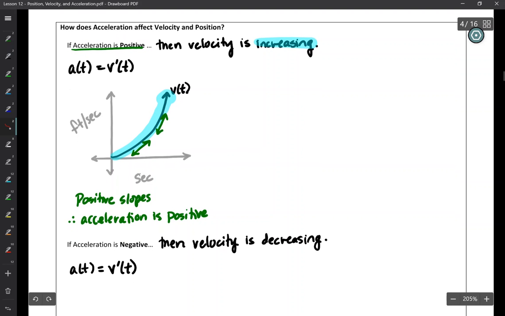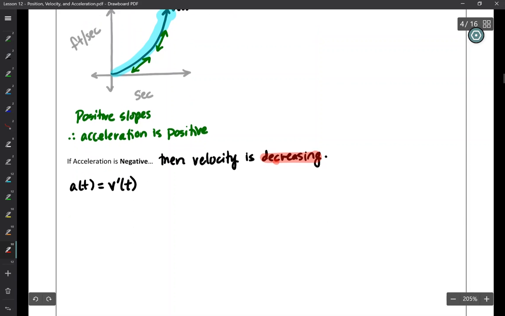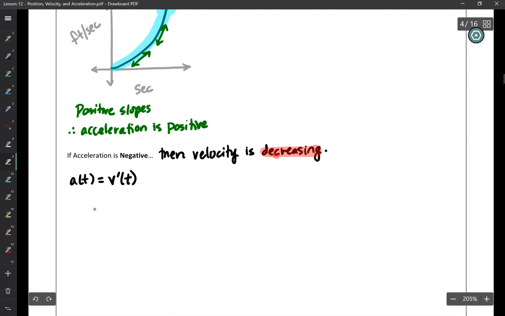Okay. Let's do a little sketch for velocity decreasing as well as velocity being constant. Velocity is change in position over change in time. For an example, we could use different units. How about hours and miles per hour.